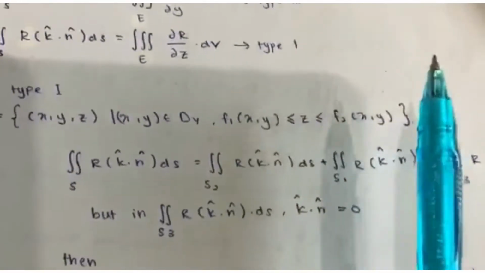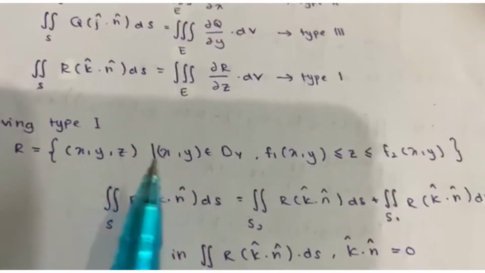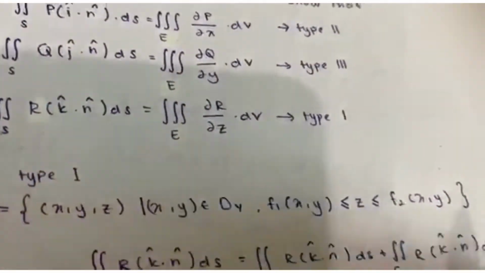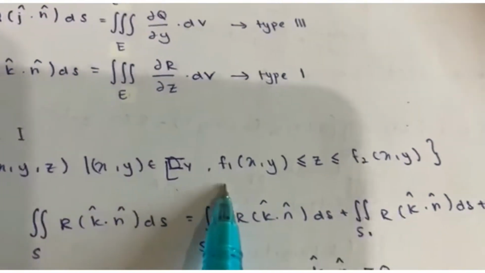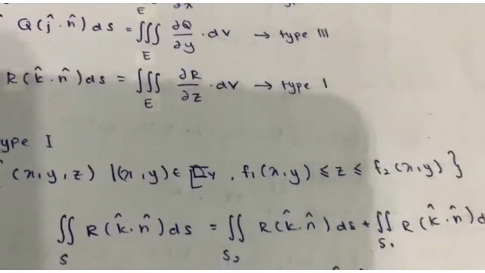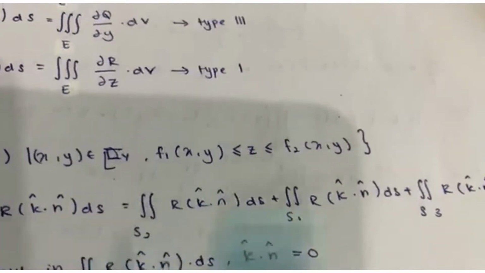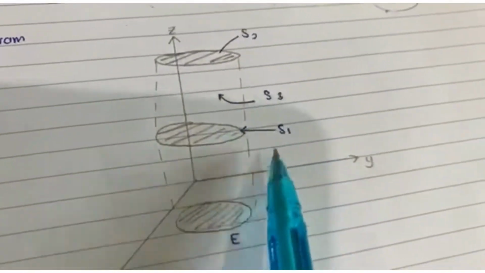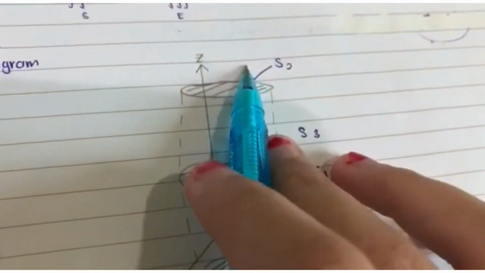So, for our R, the region E is described with (x, y) in D. Sorry, there is a typo: this is D, not E. Our f1 is generated by S1, the bottom part, and this is S2.